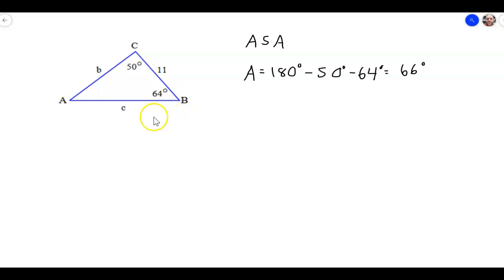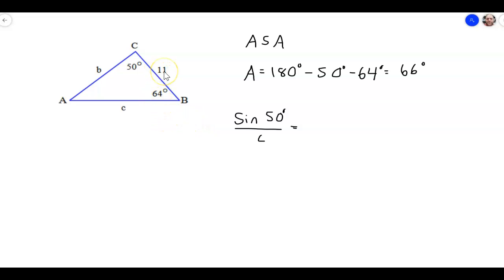All right, so let's find C first. The formula for the law of sines says that the sine of big C, which is 50 degrees, over little c, which is what I'm trying to find, is equal to the sine of another angle.